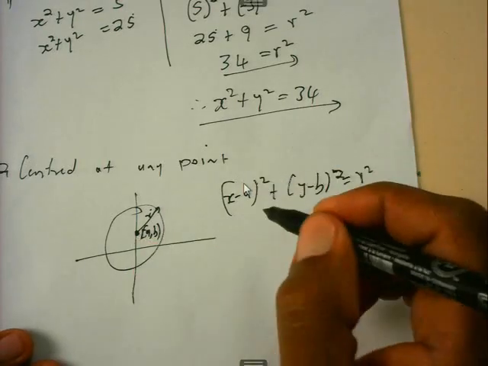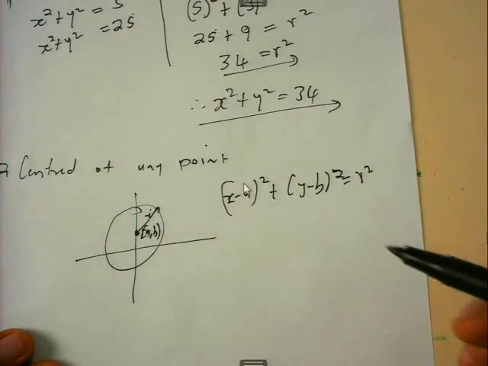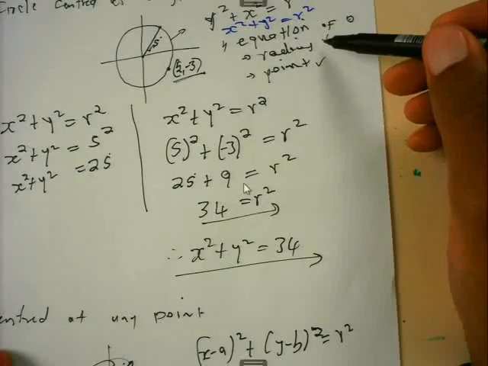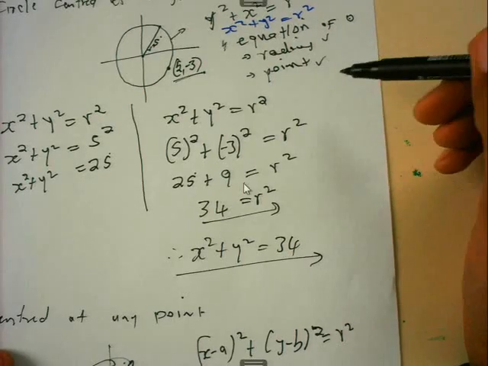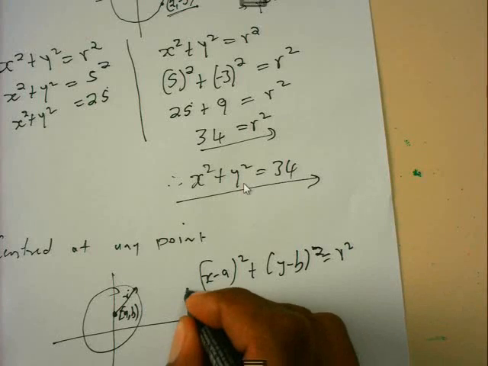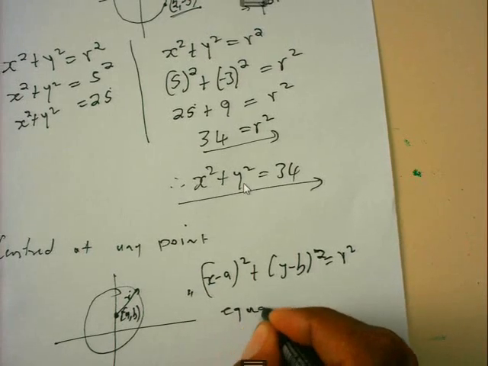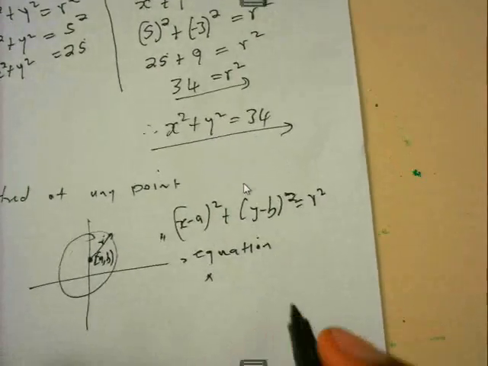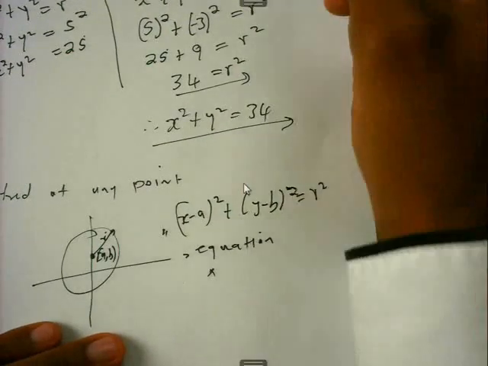Now, what is it that you need to be able to determine the equation of this circle here? Of course, remember the first one we said you needed a radius or a point on the circle. Boys and girls, it's still the same case in this one here. When you determine the equation here, of course, you still need the radius.